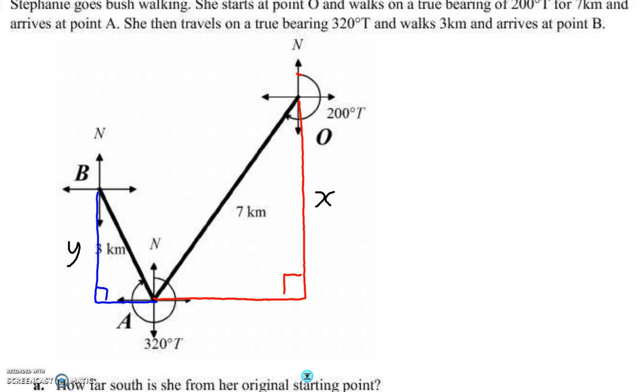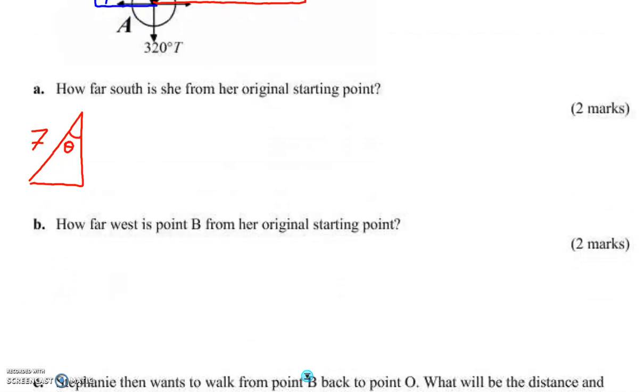We know that 180 degrees brings us to this point. So, if we go down to find theta, we're going to do 200 degrees minus 180 degrees. It's going to give us 20 degrees.